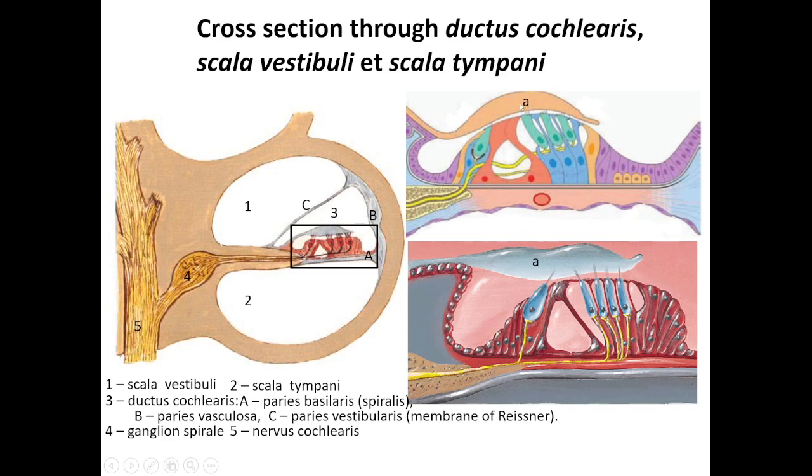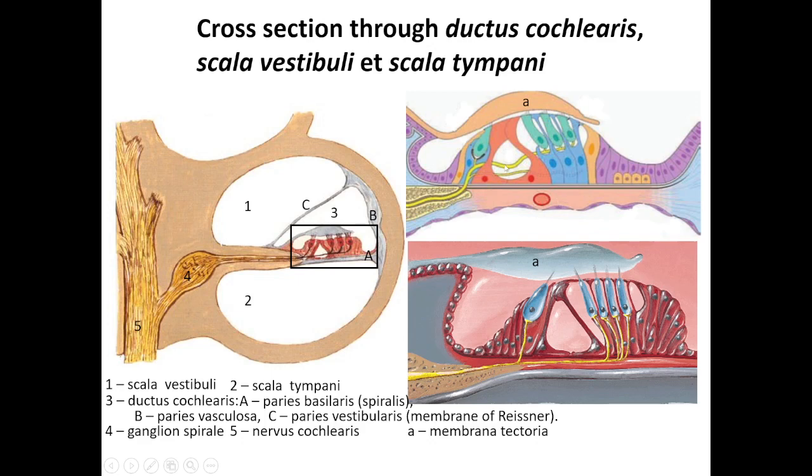Letter A, small a, here it is. It is membrana tectoria. Tectum means the upper part of the house. So here it is, an upper part for the receptors of hearing.